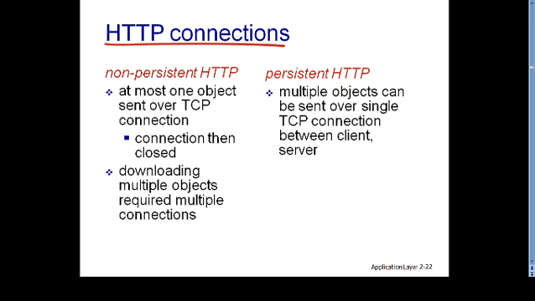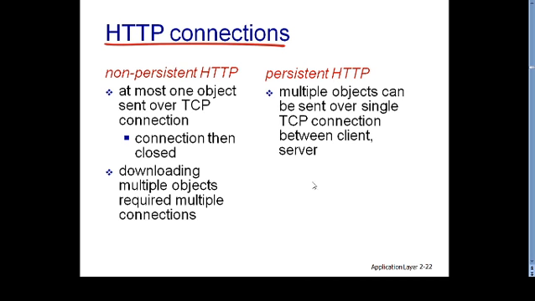As I told you earlier as well, a particular web page has n number of objects, and if those objects are received over a single TCP connection, in that case that connection is called a persistent HTTP connection.